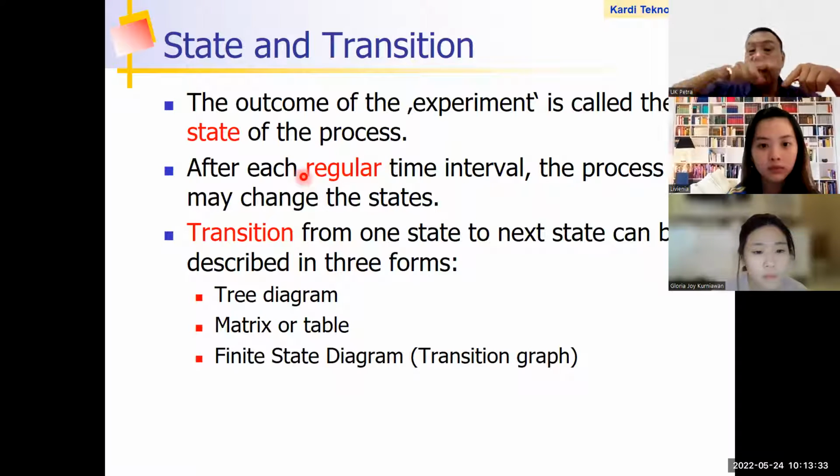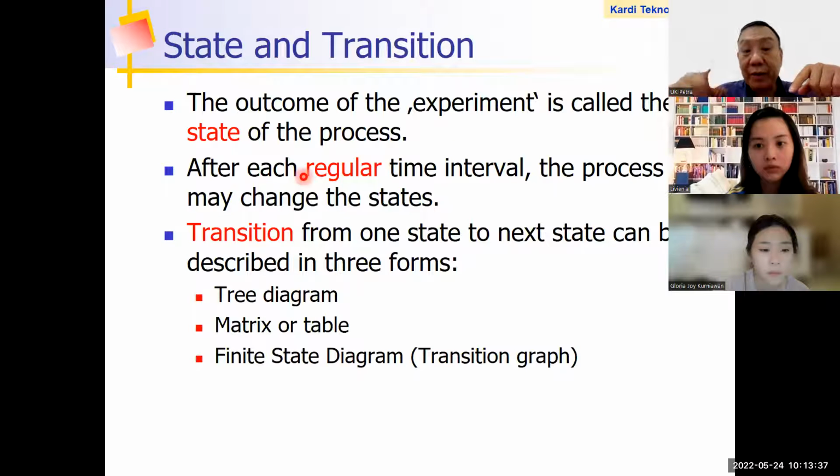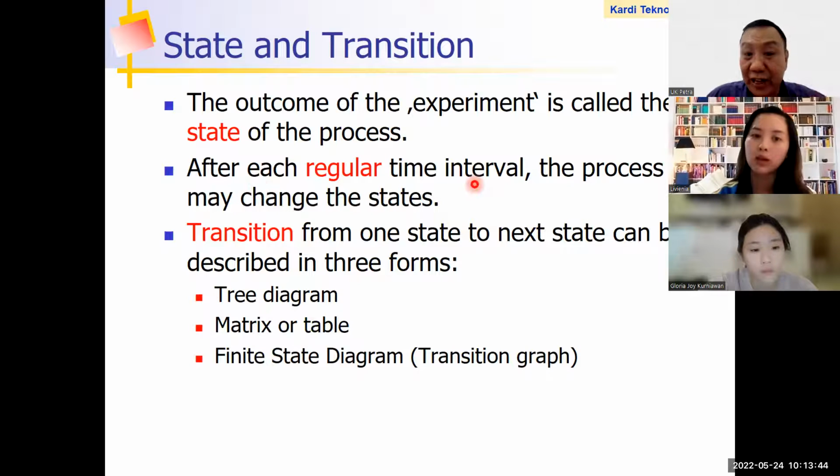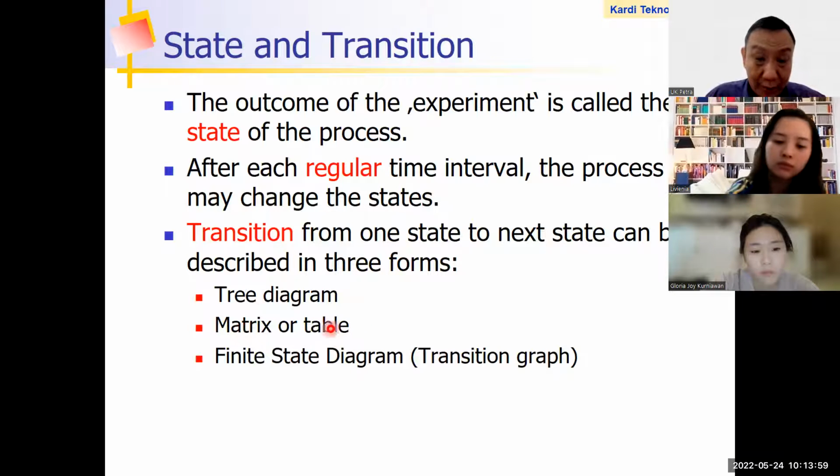At regular time intervals, the process will jump to different possible states, and which state to go to next, you define by a rule. That rule, from one state to the next state, you can describe as a tree, a matrix table, or a diagram. This is called a transition diagram.